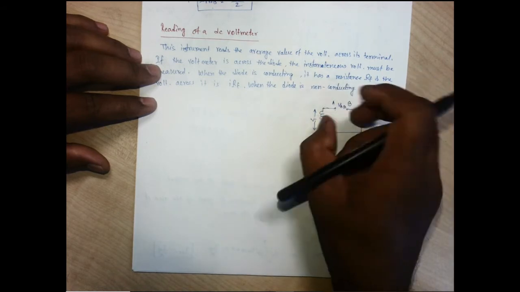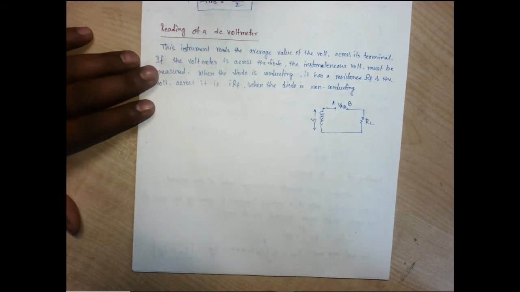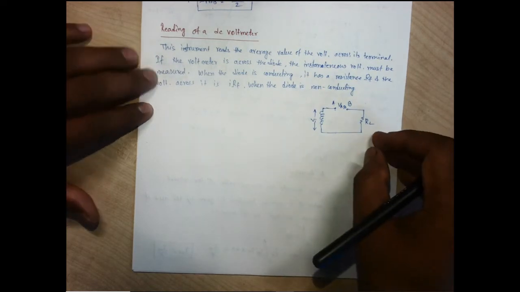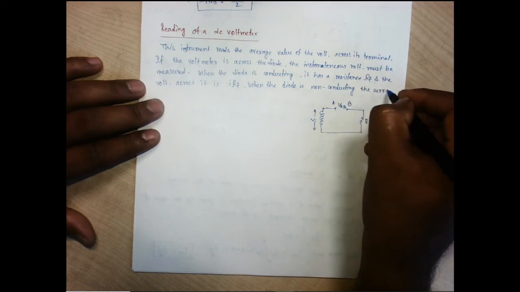So this voltage is appearing across this open circuit point. Is this point clear or not? Yes, sir. Fine.